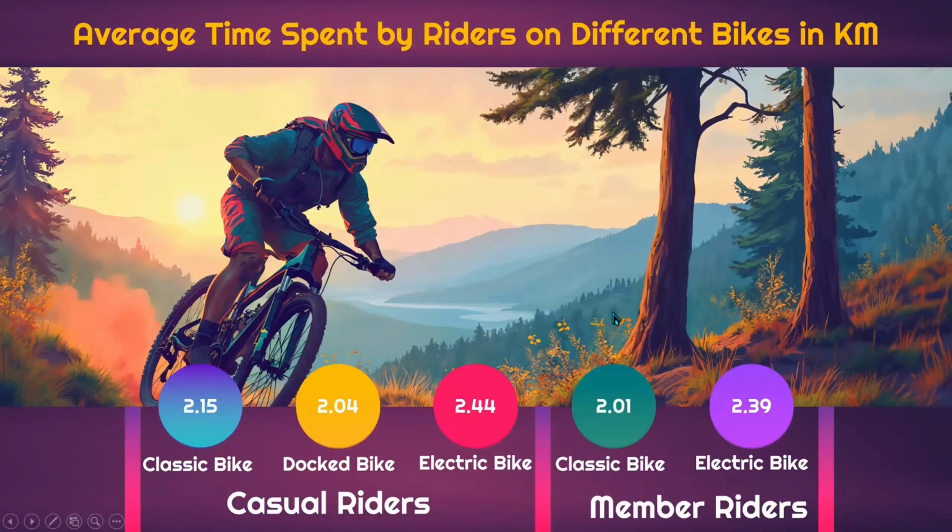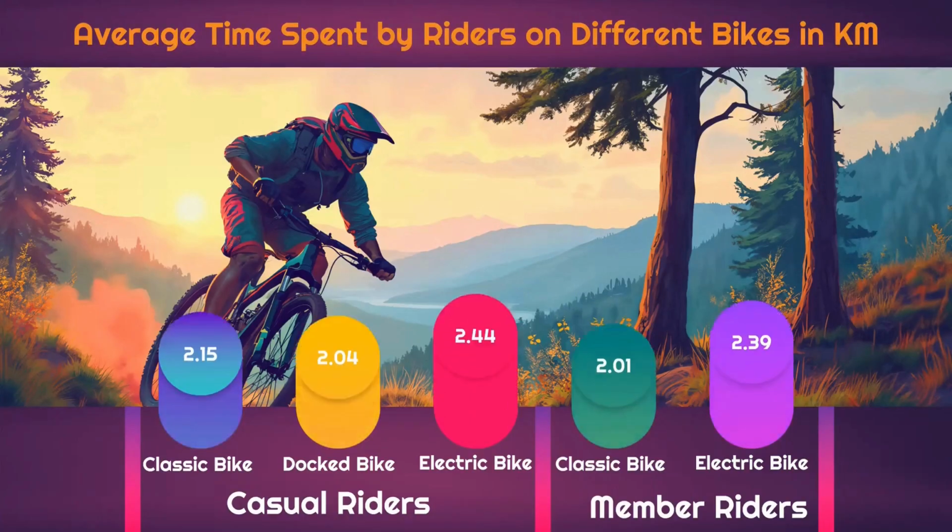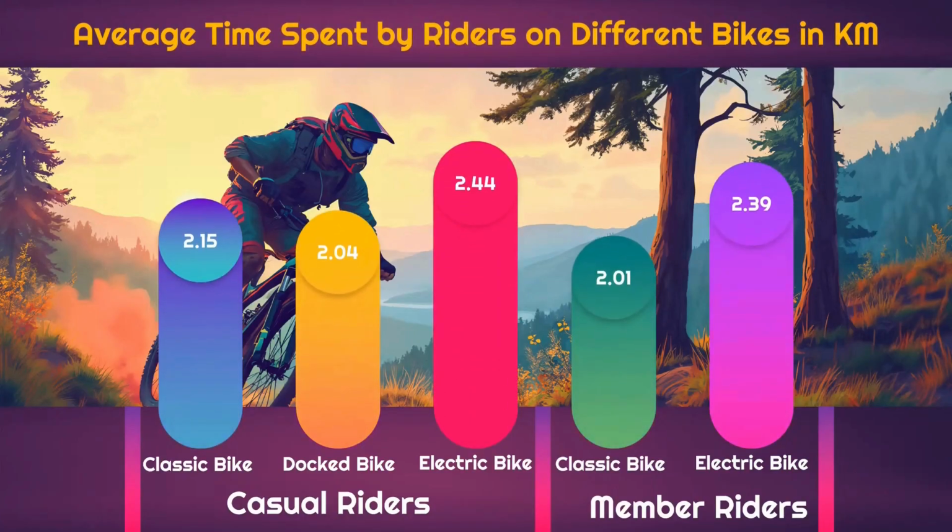And if we further bifurcate by bike type and the distance traveled in kilometers, it was noted that casual bike riders spent 2.15 kilometers on classic bikes, 2.04 kilometers on dock bikes, and 2.44 kilometers on electric bikes. And the member riders spent nearly 2.01 kilometers on classic bikes and 2.39 kilometers on electric bikes.